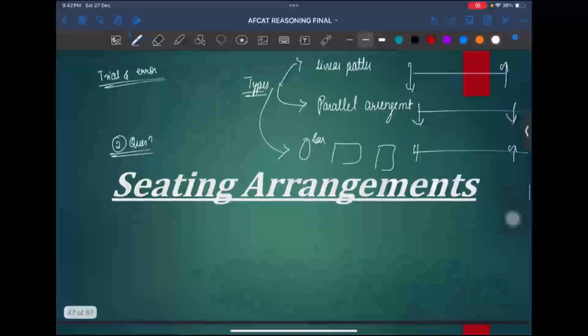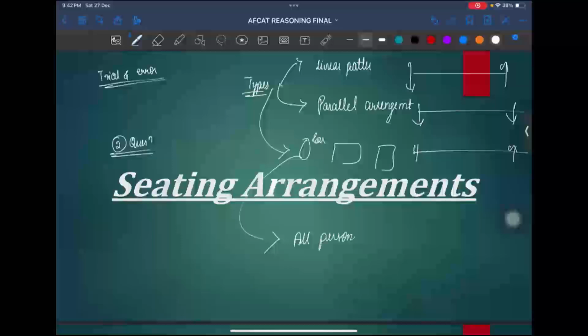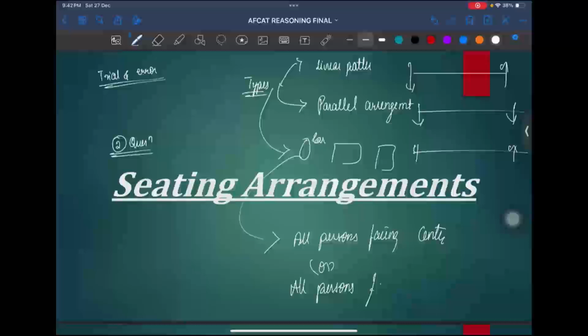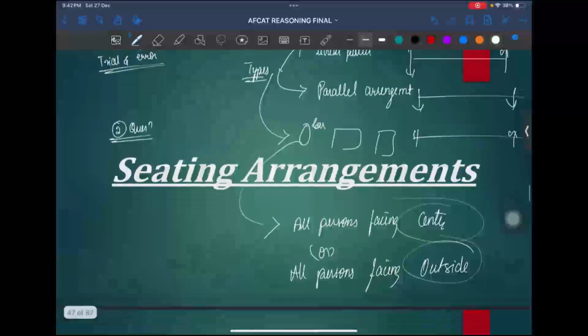Here it may be that all persons are facing the center, or all persons are facing outside. You just need to identify whether it is towards the center or towards outside and try to solve the question.